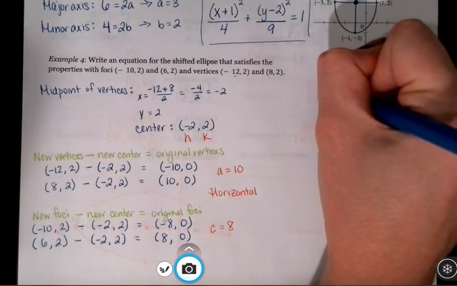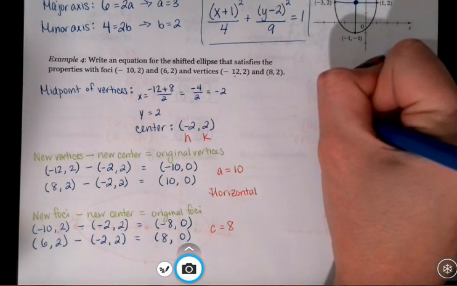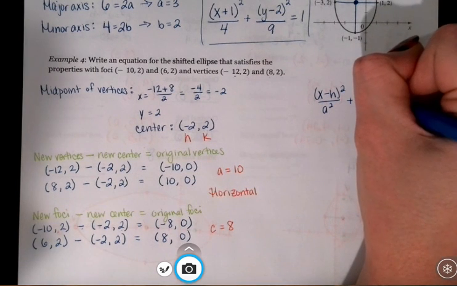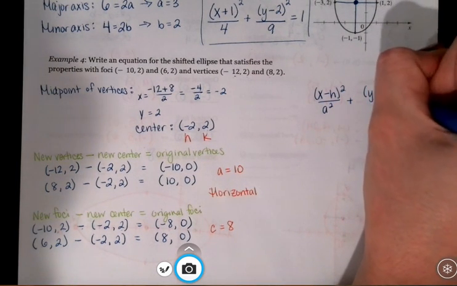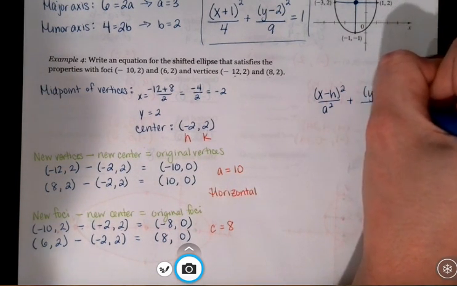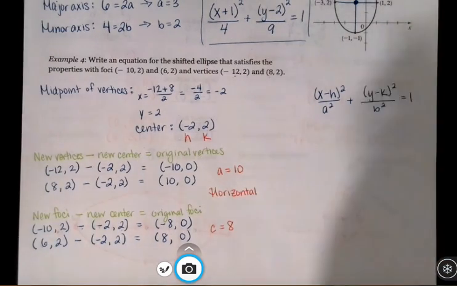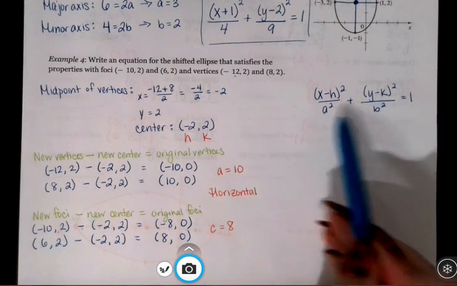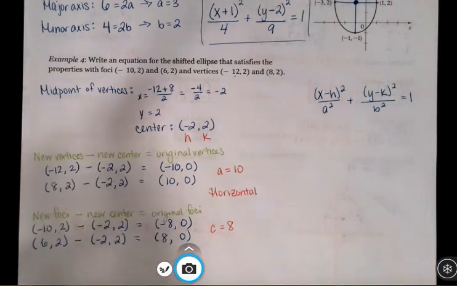We have x minus h squared over a squared plus y minus k squared over b squared equals 1. Well, I have my h and I have my k. I have my a, but I don't have my b, so that's what we need to find.